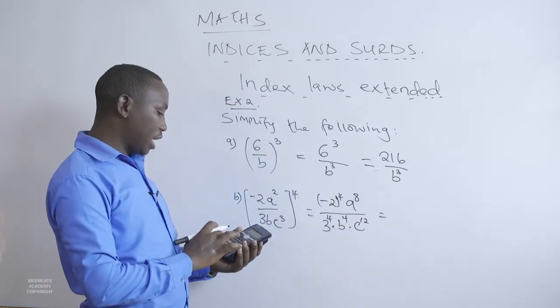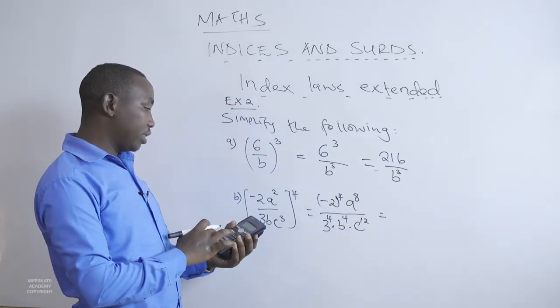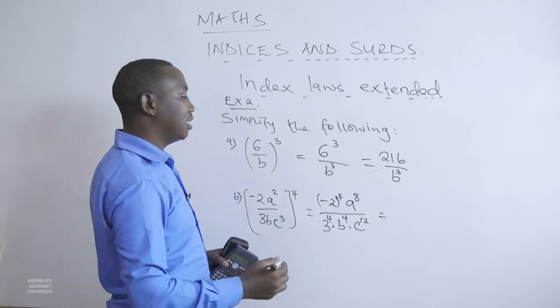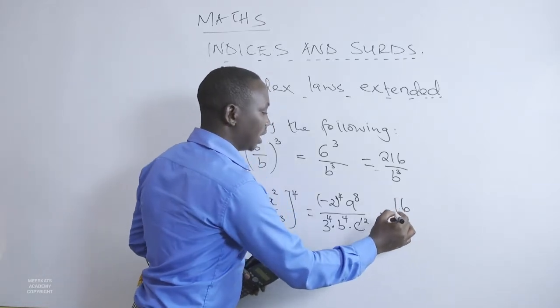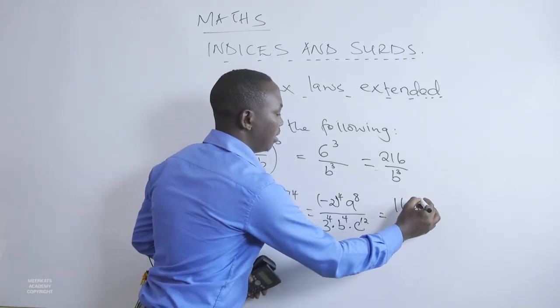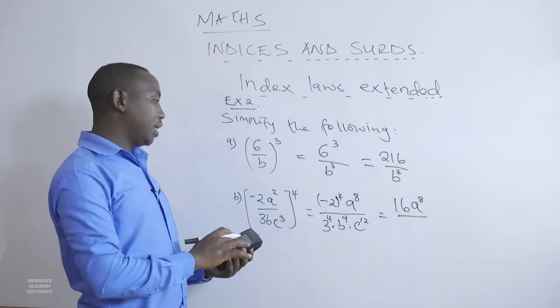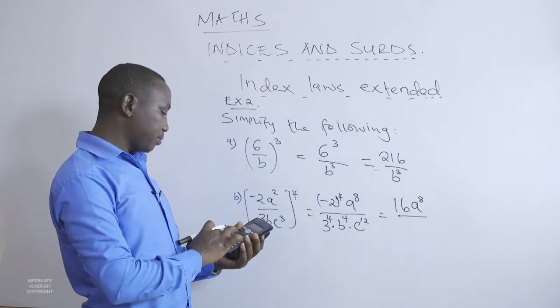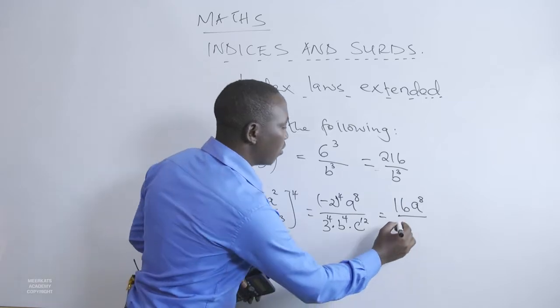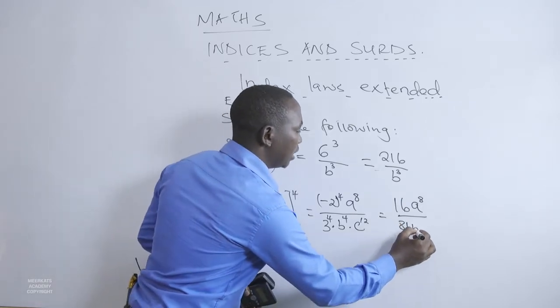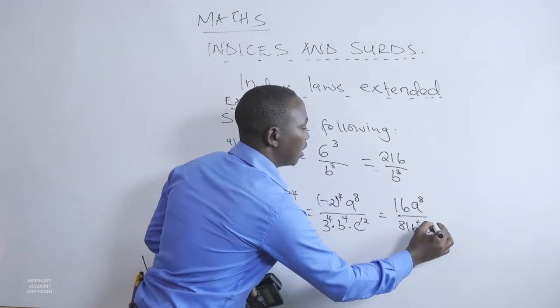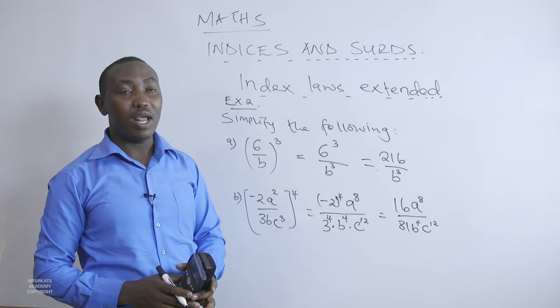When doing simplification, -2 raised to the power of 4 will give us positive 16, so that will be 16 a raised to 8, over 3 raised to the power of 4 will give us 81, b raised to 4, c raised to 12.